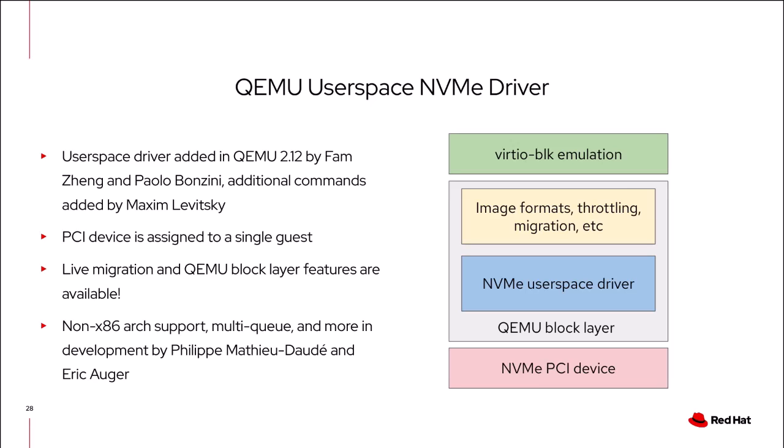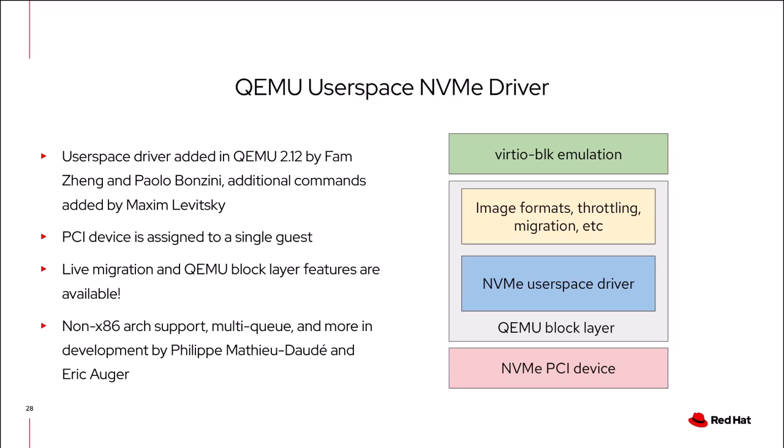And so what this means is that we're able to get some performance benefits from having a Userspace driver that bypasses the kernel. That means no system calls are necessary, and there is a shorter code path that's completely under the control of QEMU, while still offering QEMU's block layer features, things like live migration or snapshots and so on.